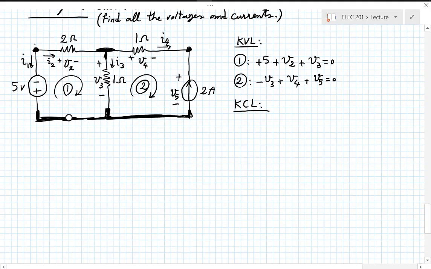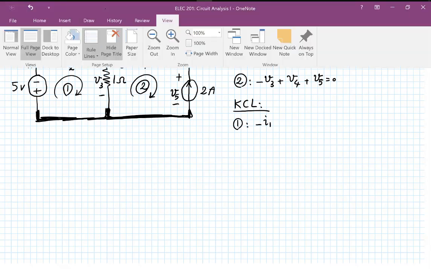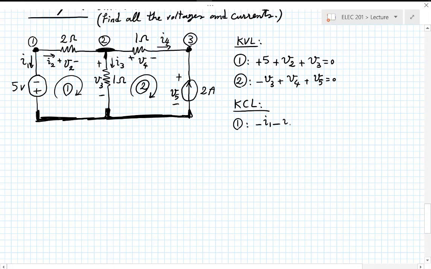So if I call this node 1, node 2, node 3, at node 2, I have I2 going in, I3 leaving, and I4 also leaving.